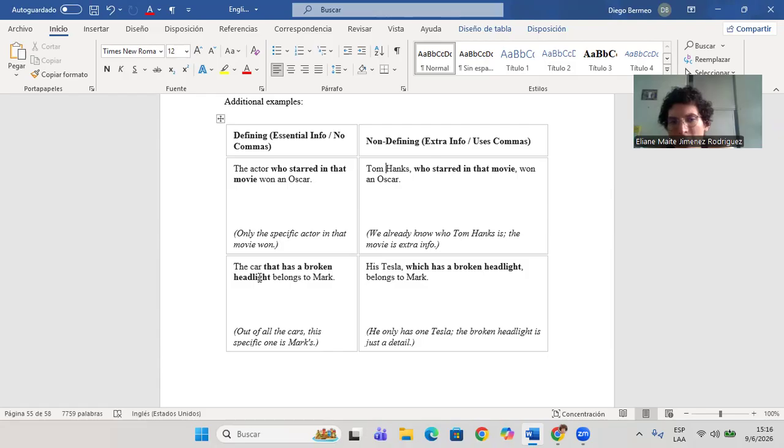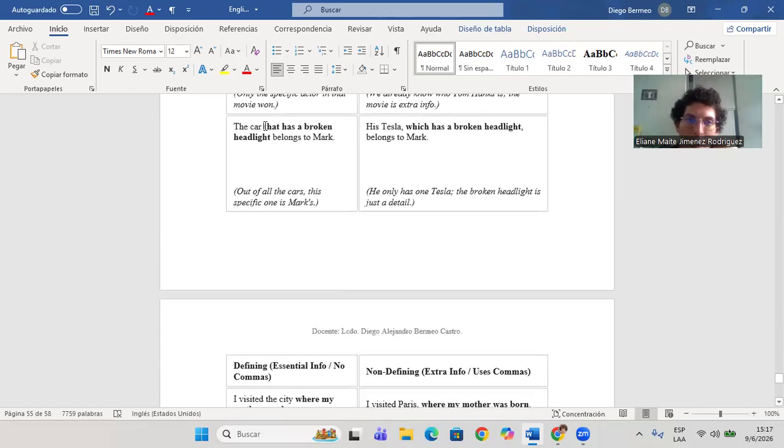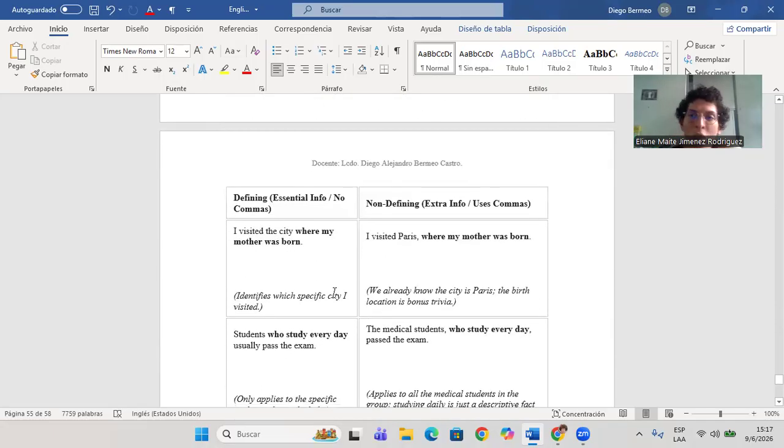The broken headlight is just an additional detail in that case. We can see that the two are similar, but it always depends on the context, as I said. So you simply have to read and notice if there are commas or no commas in order to tell if it's defining or non-defining.